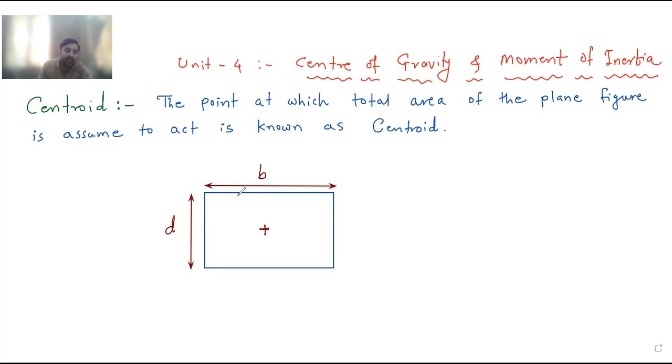Because it is a rectangular load and its formula is B by 2 and D by 2. This is the point where we say that the area of the diagram is acting. From this point, the area of the diagram is acting. So this point is called the centroid.